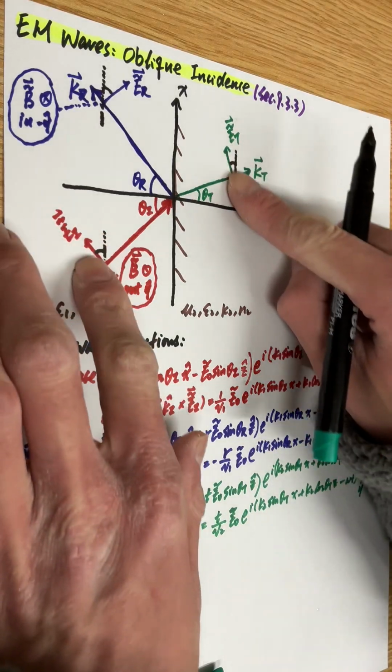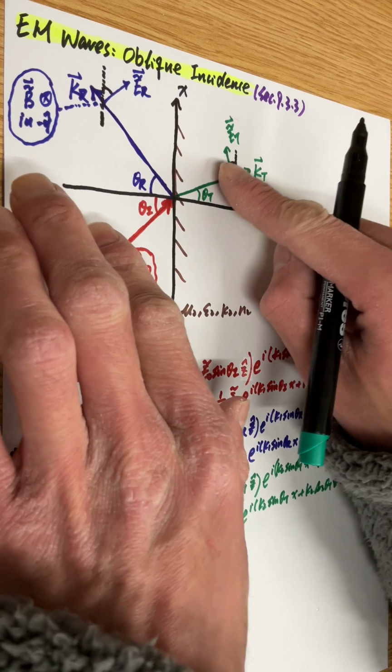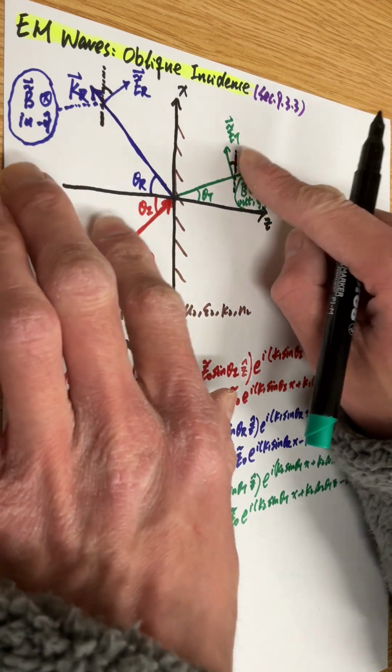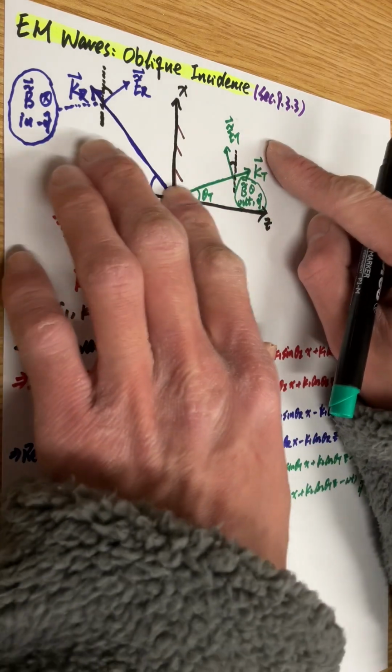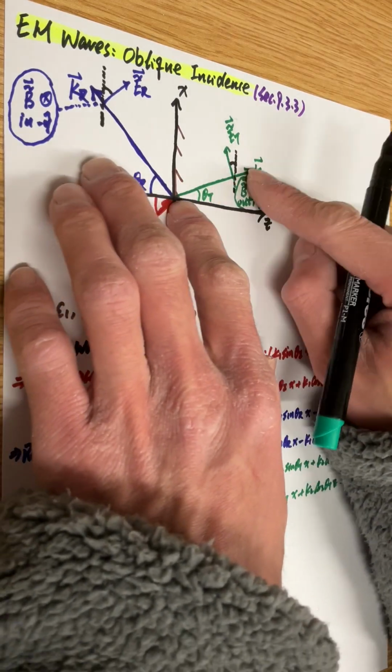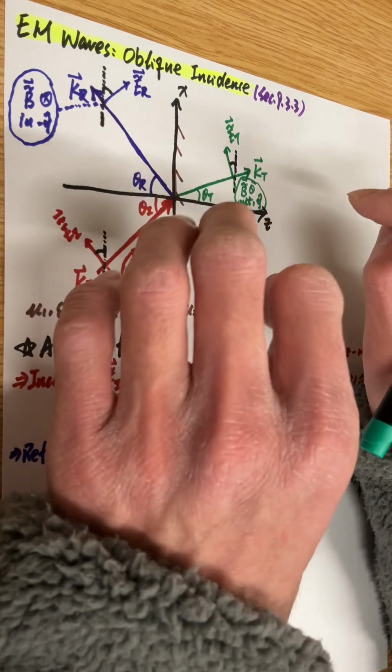So these two vectors will have the same sign for the x component, and the same sign for the z component. In terms of propagation, they also have the same sign for the x direction and the same sign for the z direction.